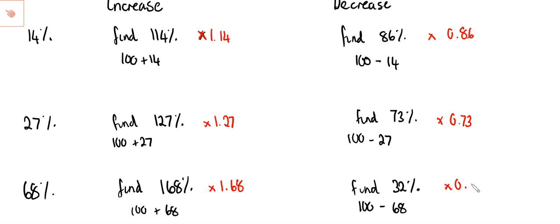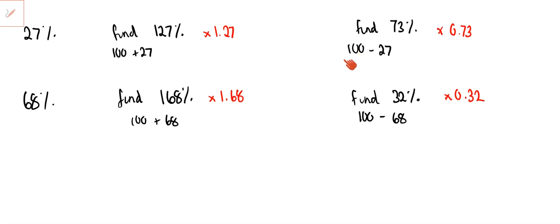No, actually, that's a good question. Let me deal with that. So let's increase by 115%. So if I increase by 115%, I'm going to do 100 plus 115, which is 215%.